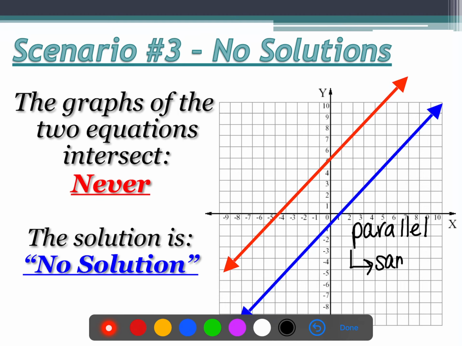The equations have the same slope. So the solution to a situation like this, where the lines never intersect, is no solution. If any other scenario is your result for a system, you want to go back and check your graph.